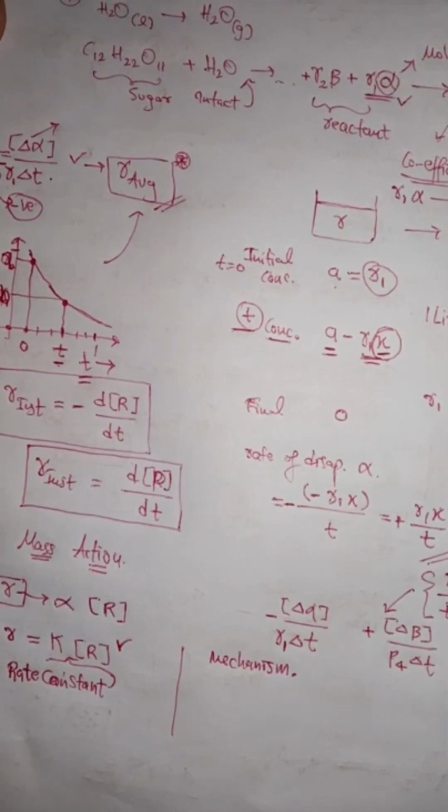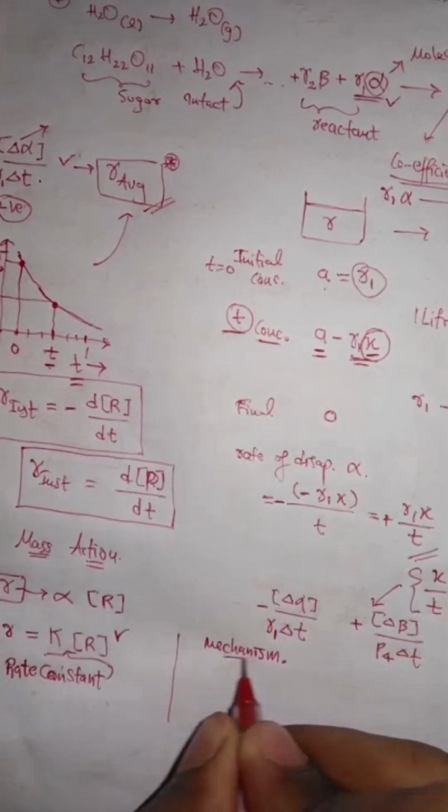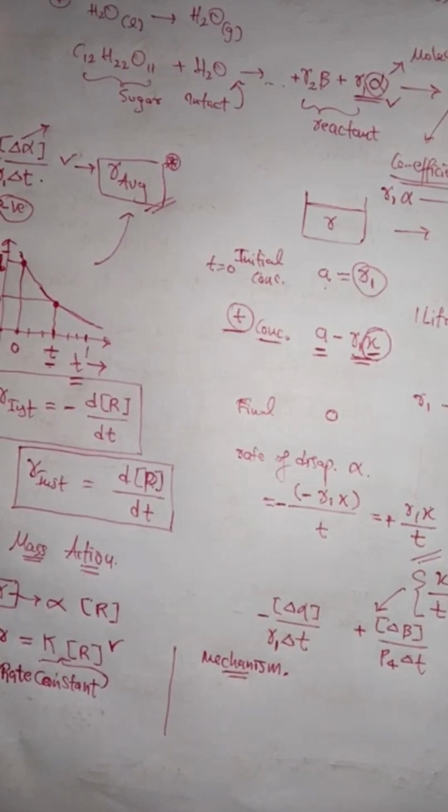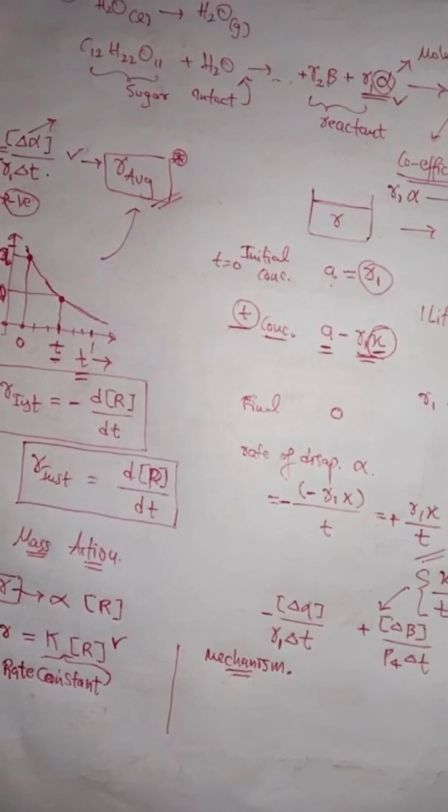This is where the order of reactions comes in, which I will explain using the mechanism. This is the second thing chemical kinetics expresses.